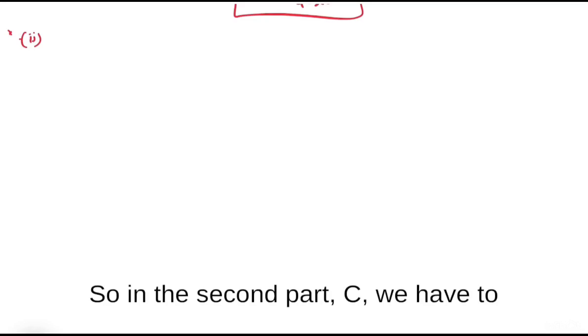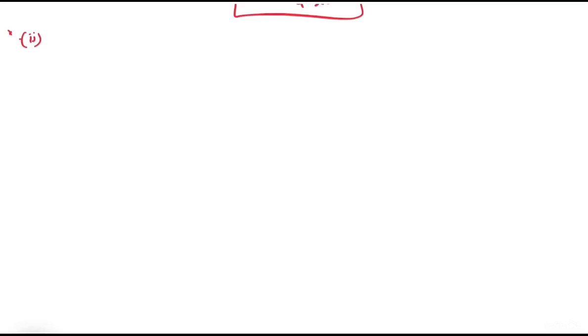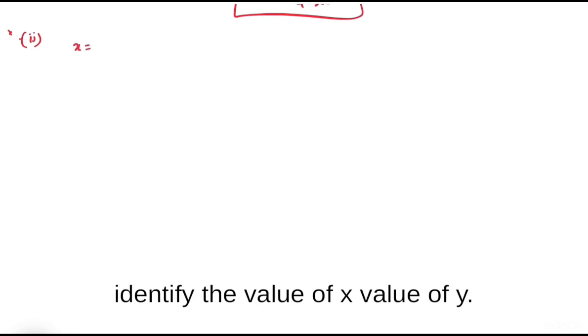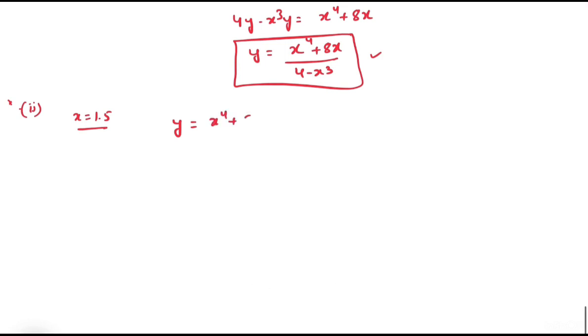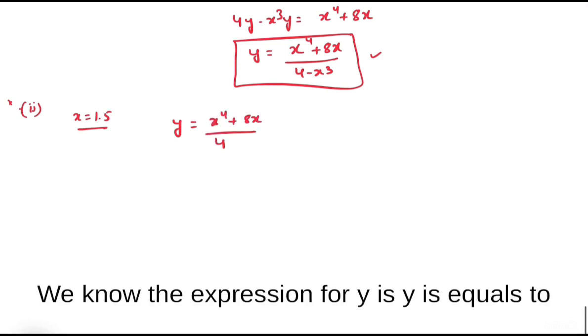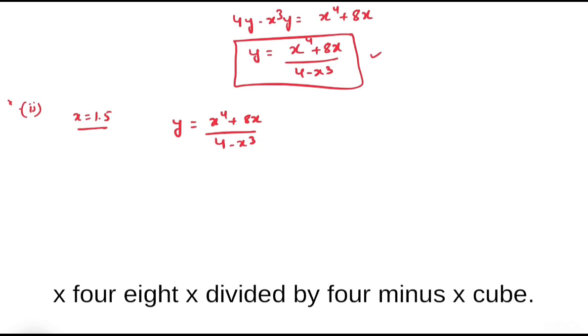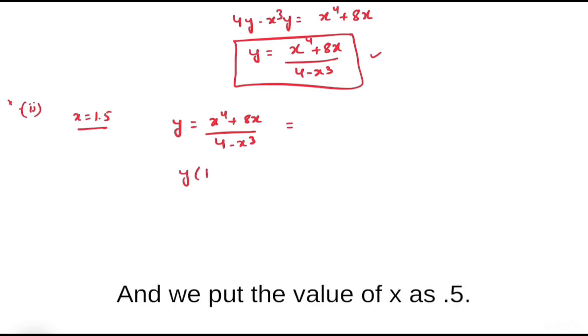the second part of c, where we have to identify the value of y when x is equal to 1.5. We know the expression for y is x to the power 4 plus 8x divided by 4 minus x cube, and we put the value of x as 1.5.